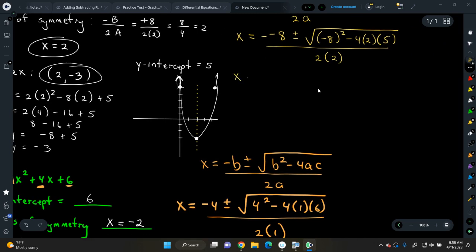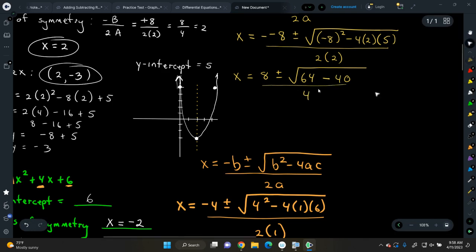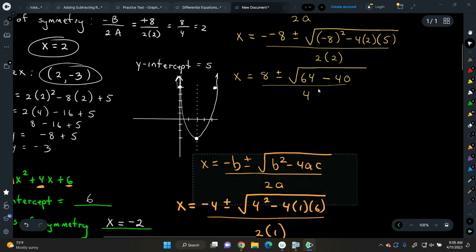So we get x equals positive 8 plus or minus the square root of 64 minus 4 times 2 times 5. So that's going to be 40 over 4.